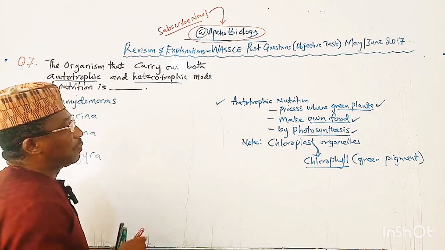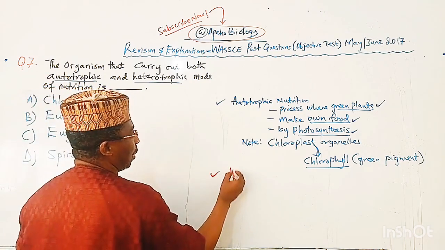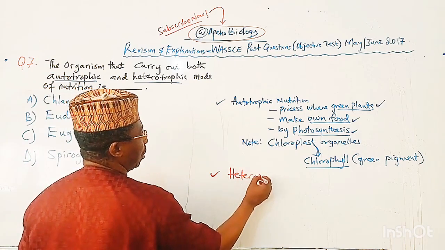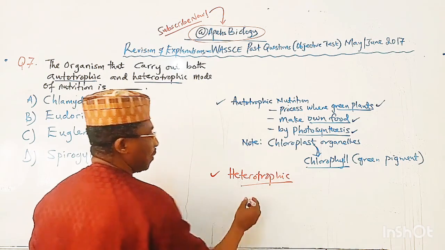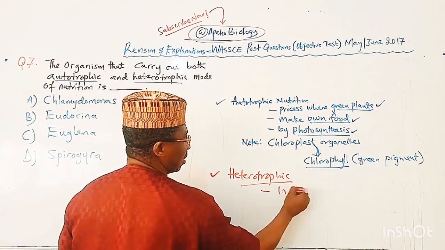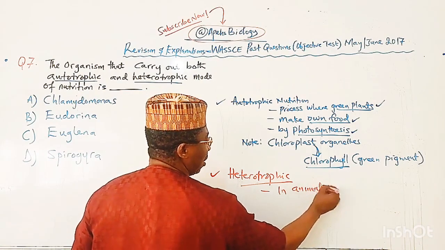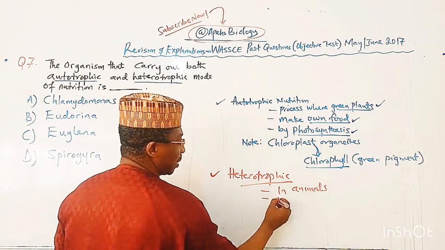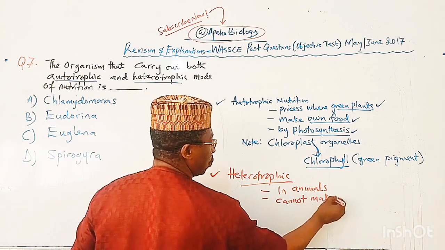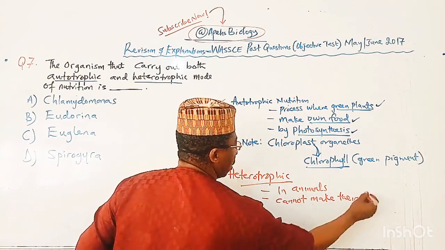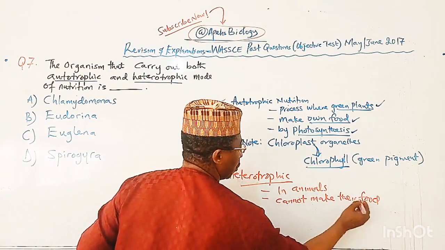Now let's look at the second word, heterotrophic nutrition. Heterotrophic nutrition, on the other hand, is common in animals. Animals cannot make their food at all.